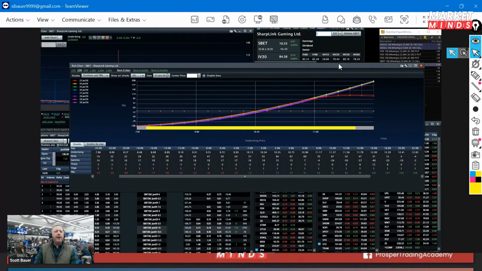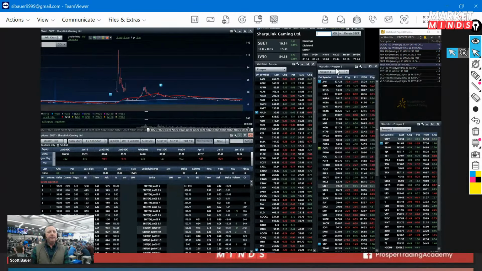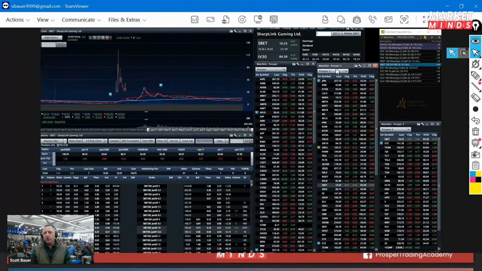Okay. Well, Bear, that all depends, right? That all depends on the situation. SBET was not based on volatility. Okay, there's no earnings, there's no anything else. I'll go into DDOG in a second, which is a calendar. We'll do that in a second, but I want to show the STZ diagonal put spread.